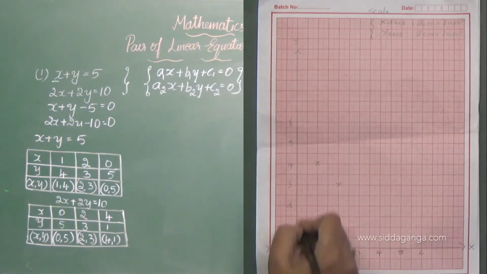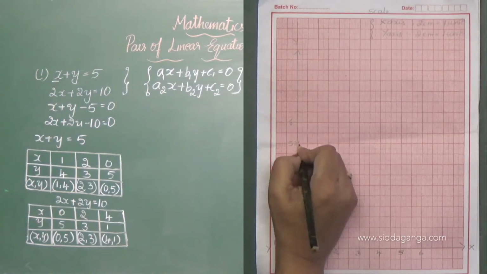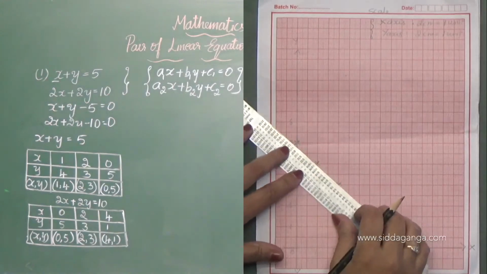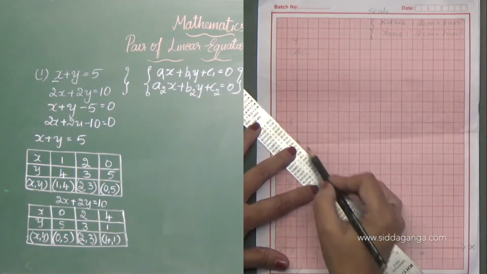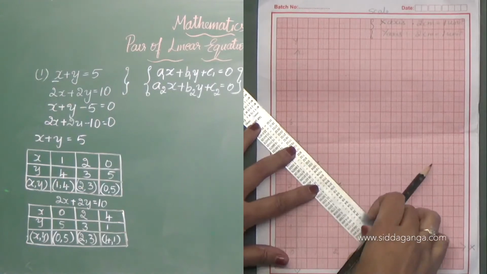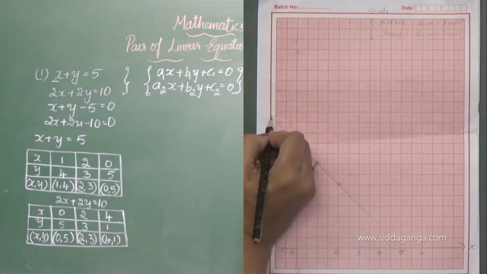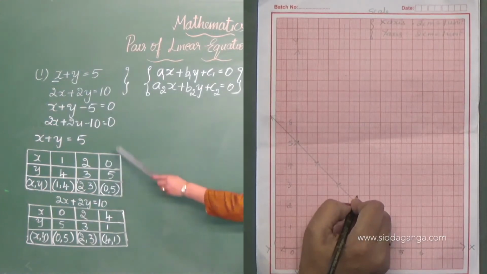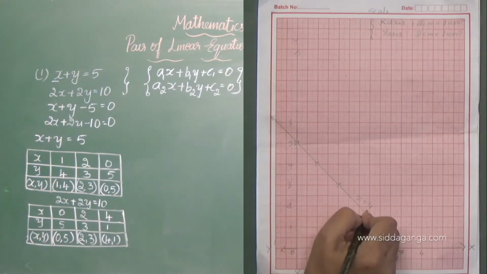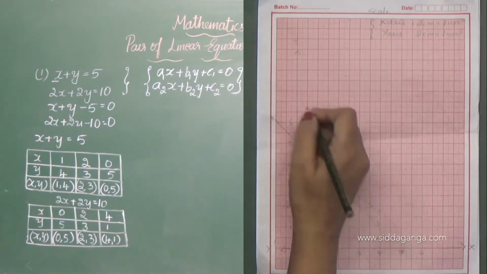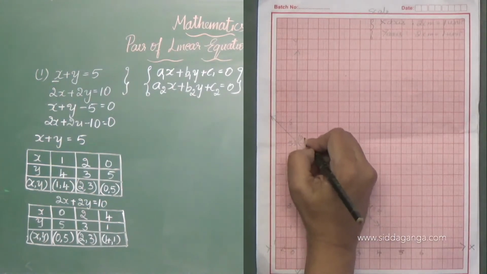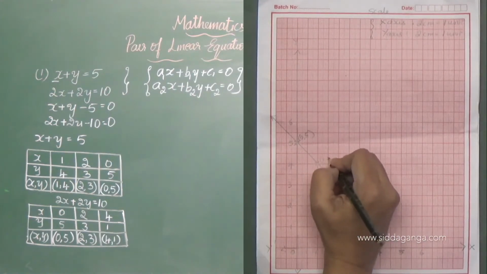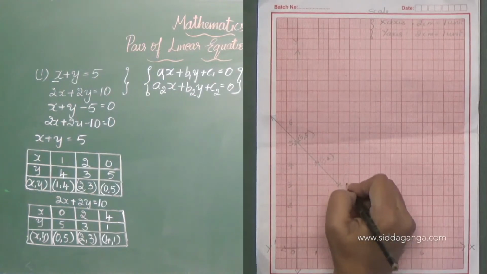You will get a straight line, so join the 3 points. Then represent the equation x plus y is equal to 5 and the coordinates: 0, 5, 1, 4 and 2, 3.